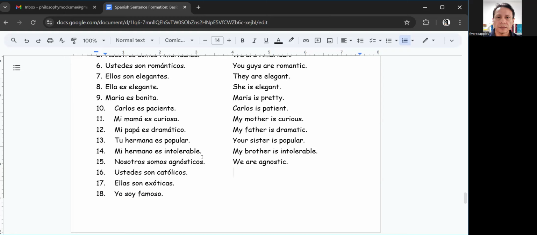Ustedes son católicos. Another word I think you guys should figure out. You guys are Catholic. Ellas son exóticas. They, feminine, are exotic.